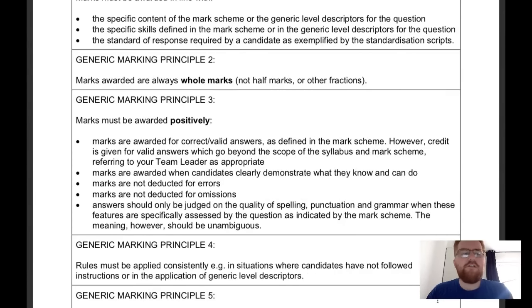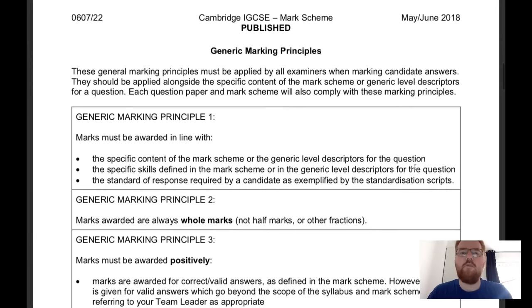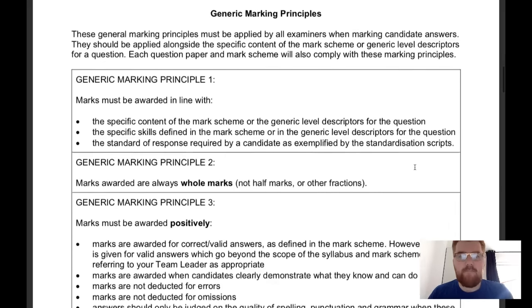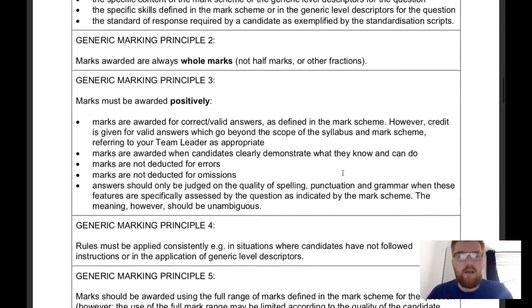Just before we start though, some general marking principles, the way an examiner is going to go about marking. Most of it is quite standard. Marks awarded are always whole marks, so no half marks, for example.